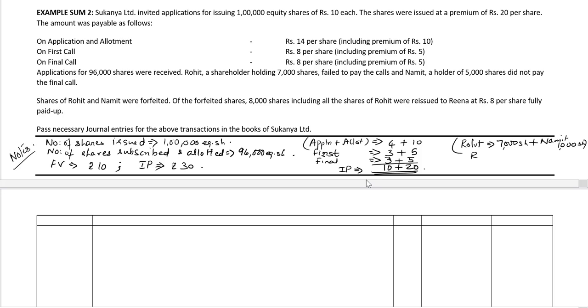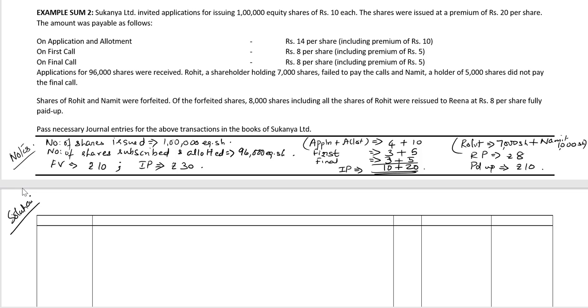The reissue price is rupees 8 per share and the amount to be credited as paid up is, it says fully paid up, so it's rupees 10. It's reissue at discount. Let's pass the journal entries.